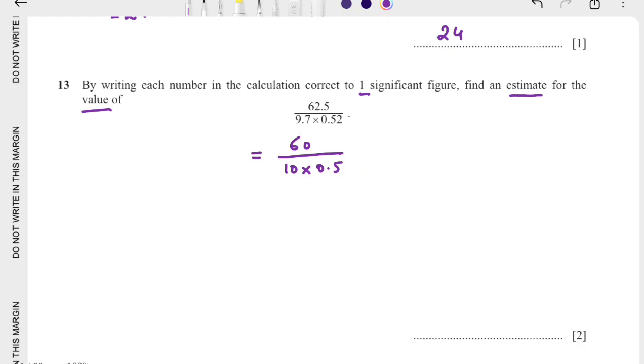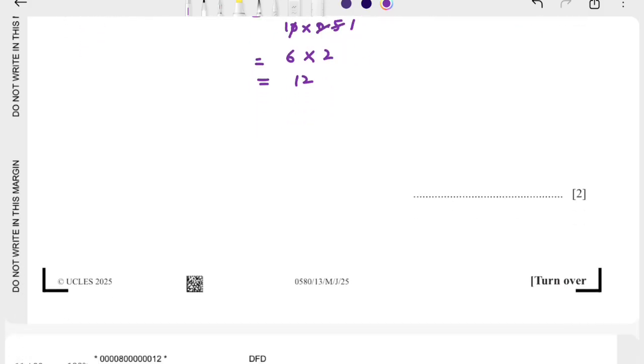Now remove the decimal. 5 ones are 5, 5 twos are 10, 0 will cut by 0. So 6 times 2 is equal to 12. This would be the answer.